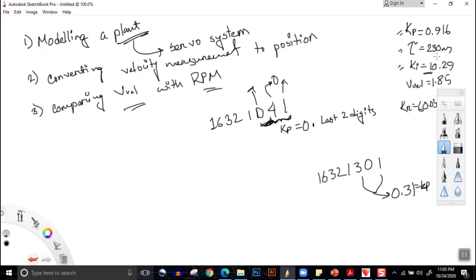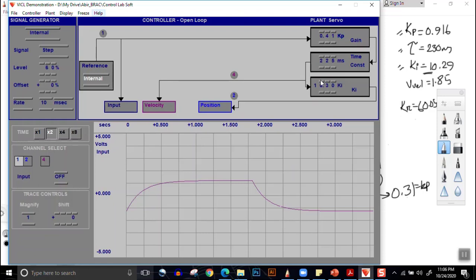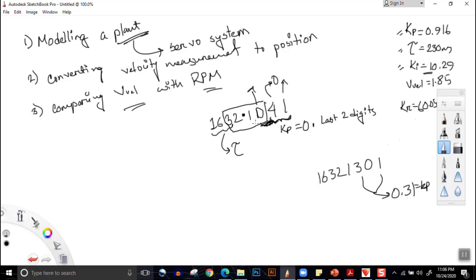Then you'd need the time constant tau. Tau would be the first three digits. This is tau in milliseconds. And then you'll require Ki, which is a 4-digit number. If you take two digits from the first and two digits from the last, this is your Ki, 30 left side, point right side. Now let us check whether in simulation you can make it 30 or not. So in simulation you cannot make it as high as 32.10.